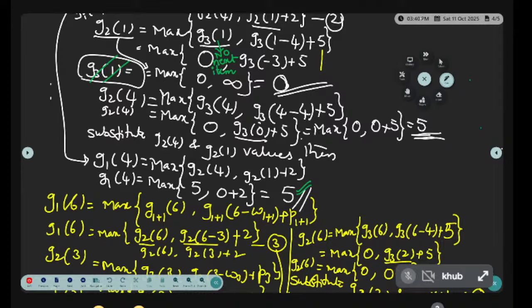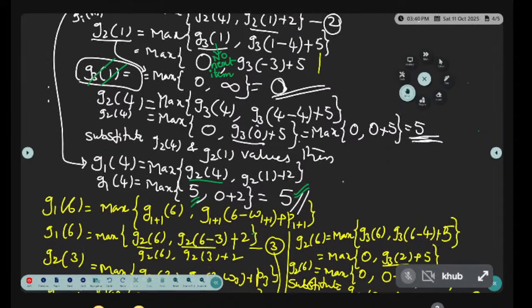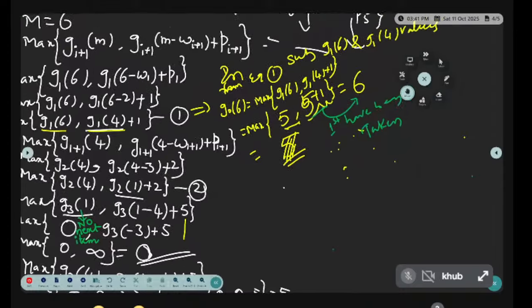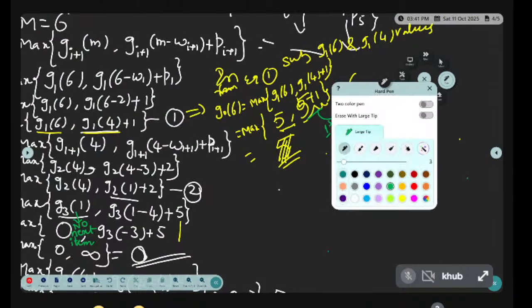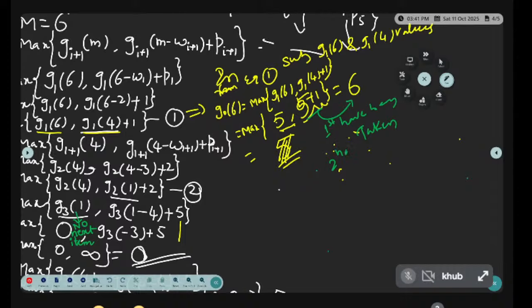G1 of 4 లో ఫస్ట్ parameter ఏం చెప్తుంది? ఫస్ట్ ఐటమ్, సెకండ్ ఐటమ్, G2 of 4 కదా, G2 of 4 అంటే సెకండ్ ఐటమ్ తీసుకోలేదు. దిస్ పారామీటర్ షోస్ దట్ సెకండ్ ఐటమ్ హ్యావ్ బీన్ నాట్ టేకెన్. అగైన్ యూ రైట్ హియర్. సెకండ్ నాట్ టేకెన్, రైటా?